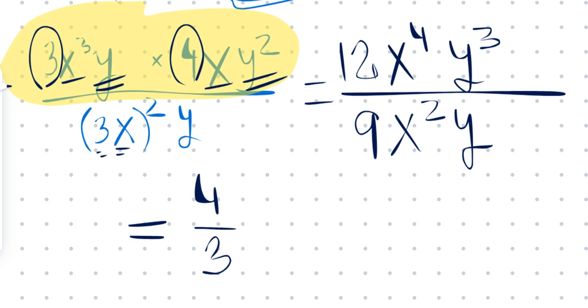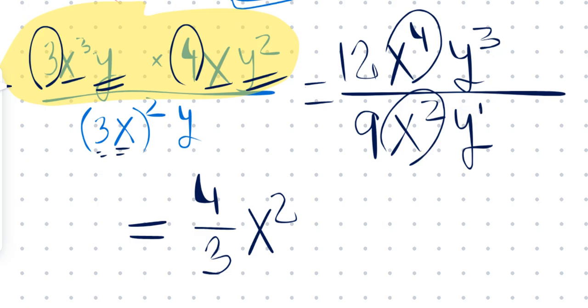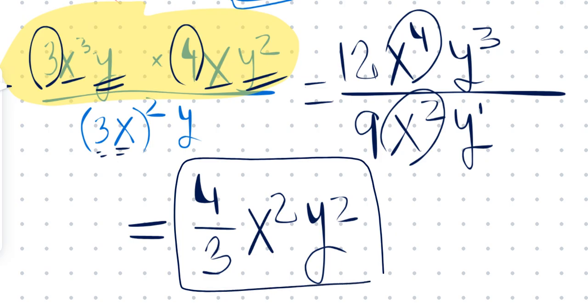Then we have x to the power of 4 divided by x to the power of 2. Remember, we subtract the exponents. So 4 minus 2 is 2. Finally, y to the power of 3 divided by y, which is y to the power of 1, is equal to y to the power of 2. That's it. We have our another answer.